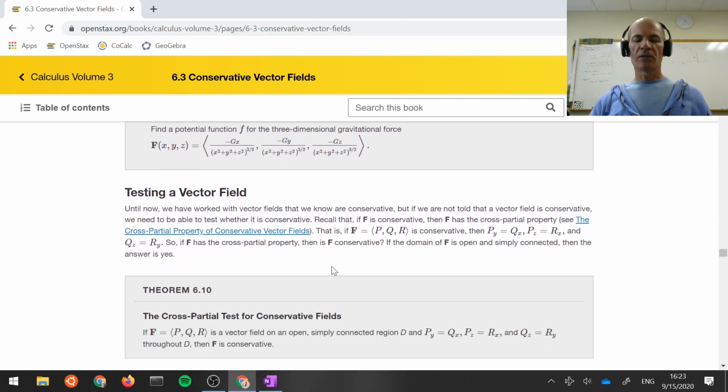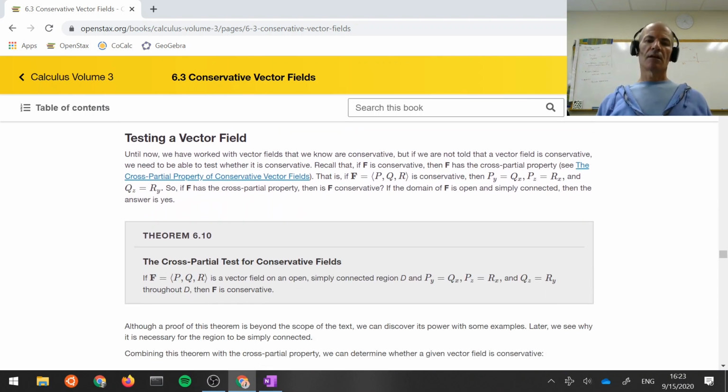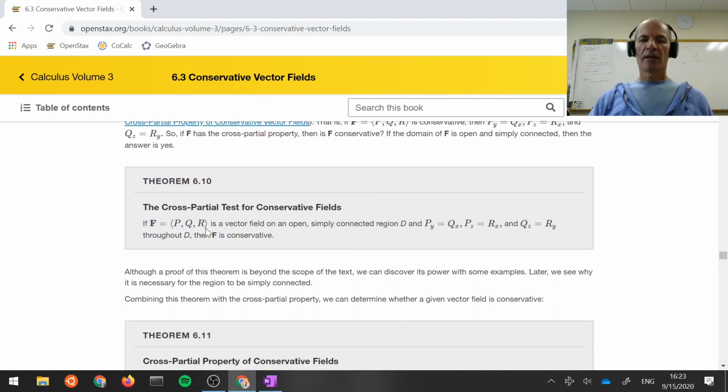And then here's an example of finding a potential function. And then finally, there is a very simple test for whether a vector field is conservative, and it relies on Clairaut's theorem of mixed partial derivatives. If F is this vector field, and we want to know if it's conservative, if it is conservative, P is secretly f sub x, Q is secretly f sub y, and R is secretly f sub z.